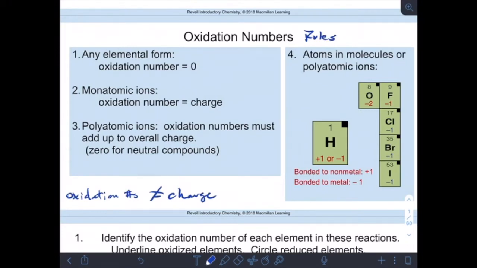But we're going to find that quite often elements outside of those groups will have oxidation numbers that are different from their charges. So oxidation number is not the same as charge, although they are often the same number. It's very important to realize that they're similar but not the same.